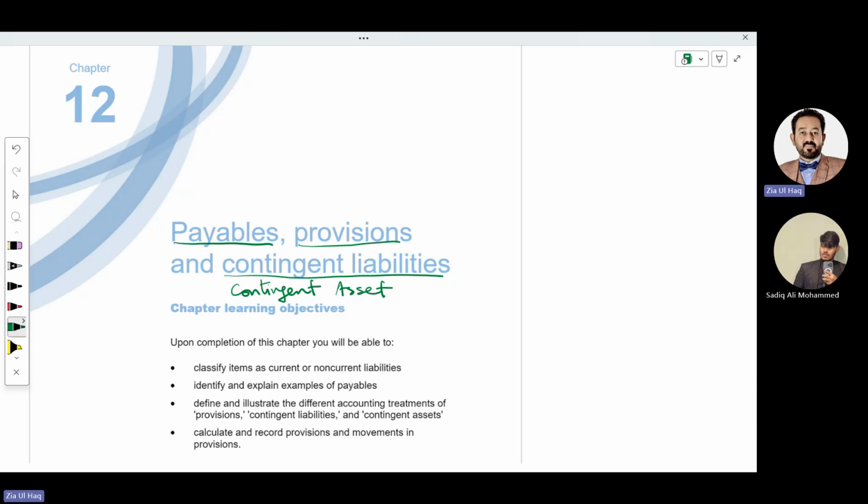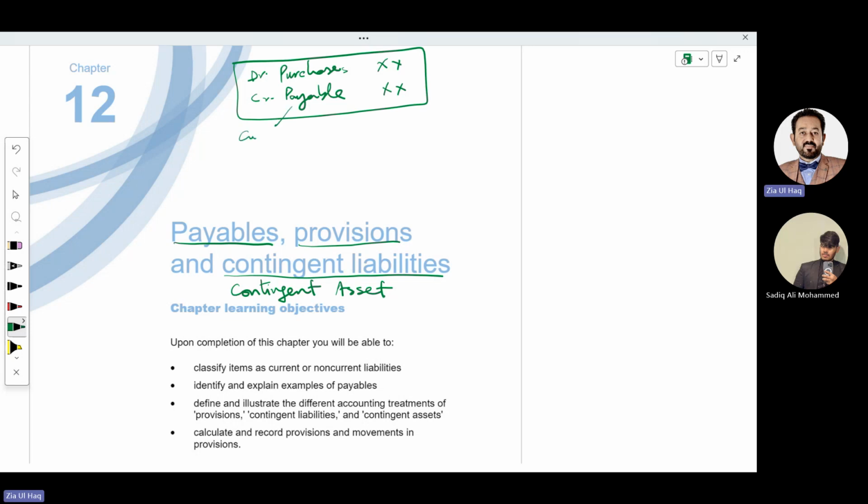What is the accounting entry for credit purchases? Debit purchases, credit payable. What is payable?